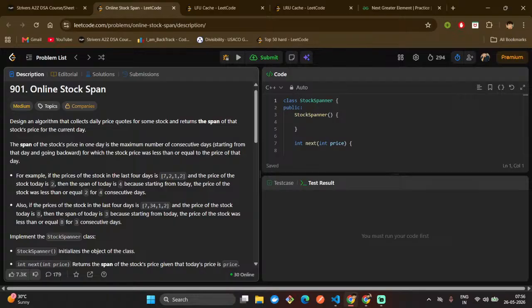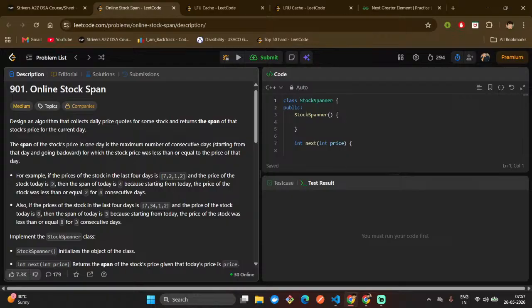Design an algorithm that collects the daily prices of some stocks and returns the span of the stock price of the current day. Okay, so collect the daily price of some stock and return the span of that price for the current day.